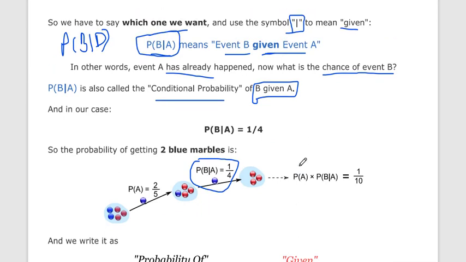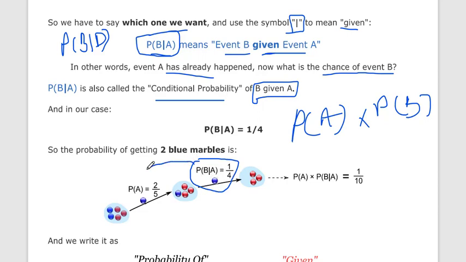In independent events we write P of A multiplied by P of B, because A and B are independent. But now the second event depends on the other. So try to differentiate between independent and dependent. We have given the name like this because it depends on this event.